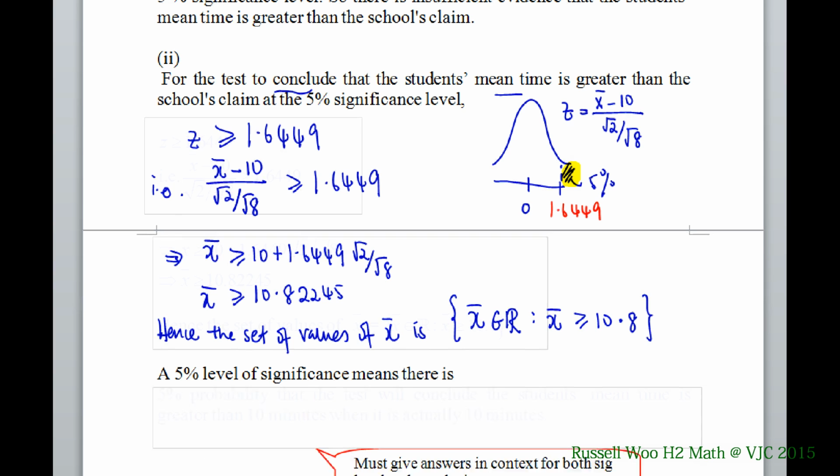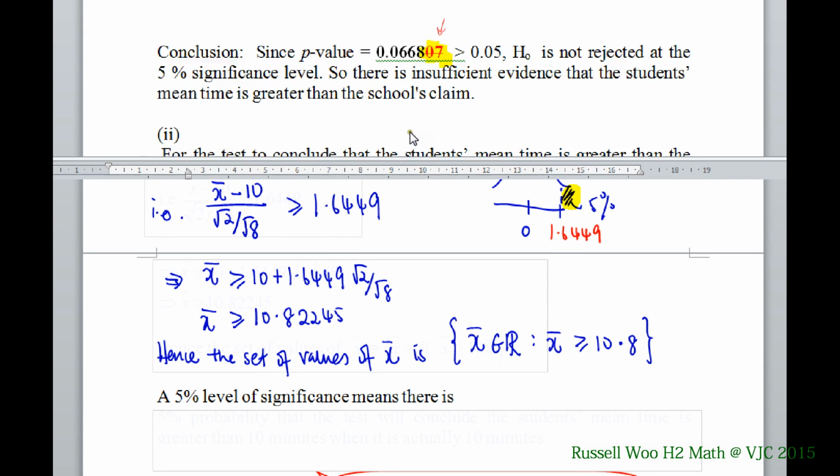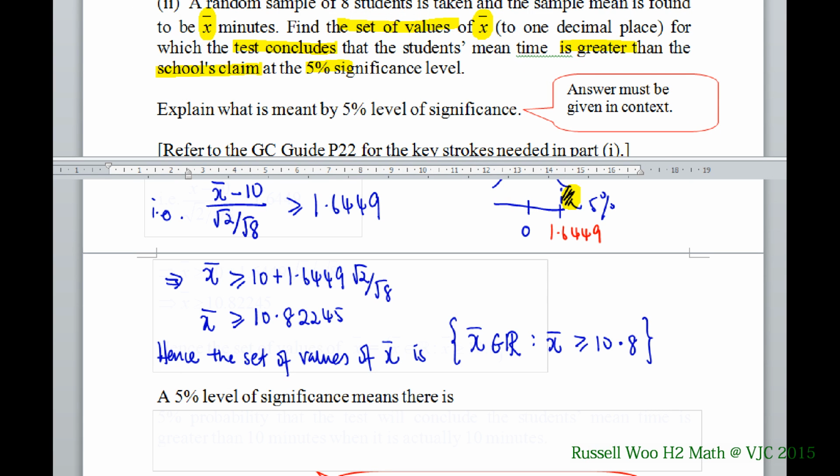What does 5% level of significance mean? The question asks us to explain what is meant by 5% level of significance.